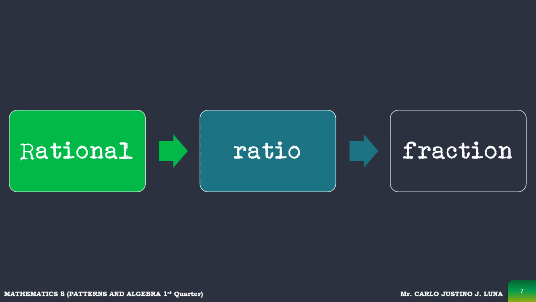For example, 1/2. 1/2 is a fraction. 1 is the numerator and 2 is the denominator. So this is the same with higher mathematics in algebra. A very simple way of expressing a rational expression in mathematics is to think of it as a fraction whose numerator and denominator are polynomials.